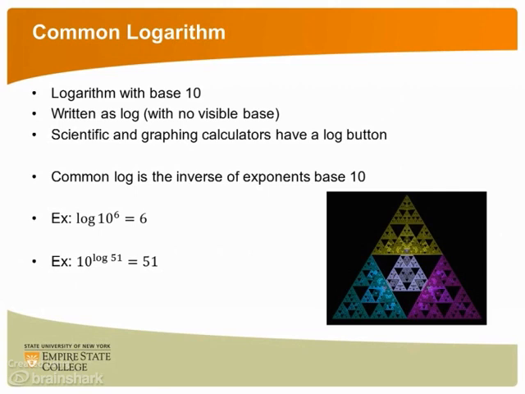10 raised to the common log also cancels out. For example, 10 raised to the log of 51 would be 51. In words, this question asks, what is 10 raised to the power, which is the power to which we raise 10 to get 51? However, base 10 is not the only special logarithm.